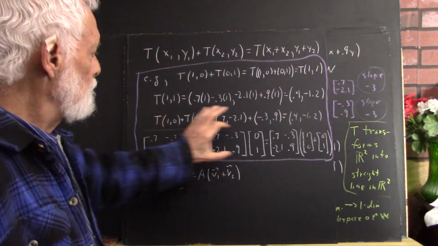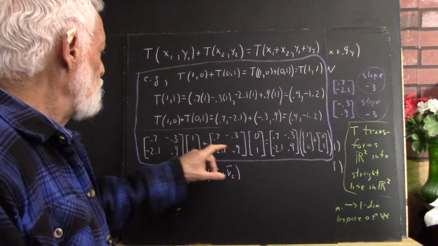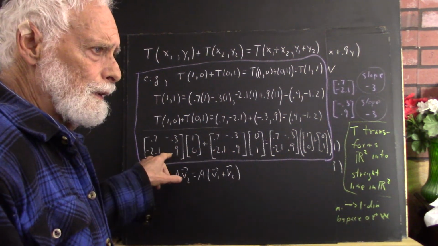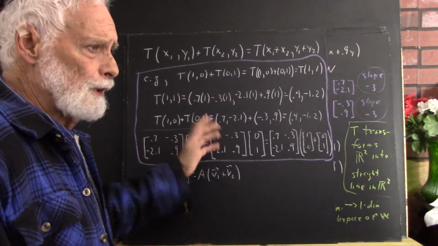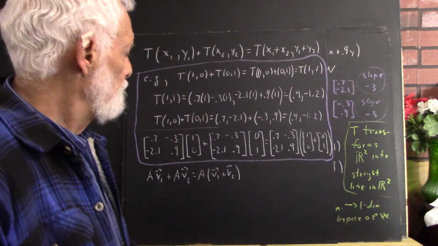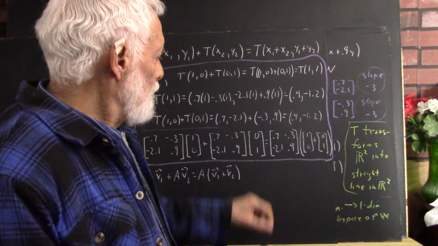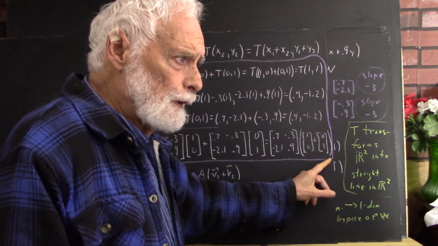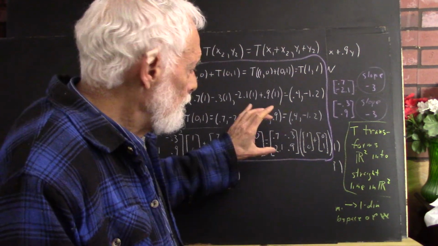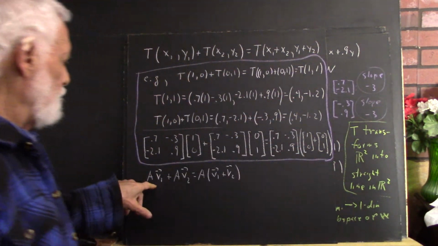Okay, whatever these two vectors are, you transform the first vector, you transform the second vector, and you add them. You get the same thing as if you add the two vectors and then transform them.